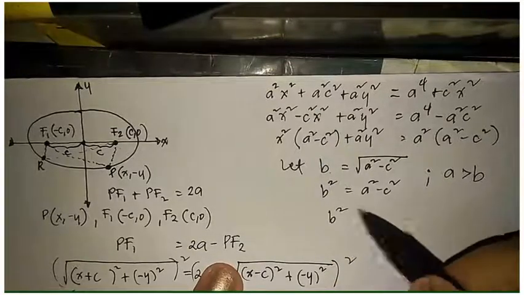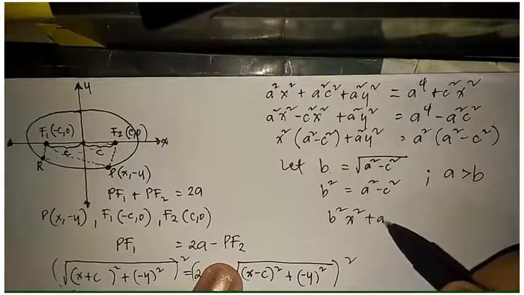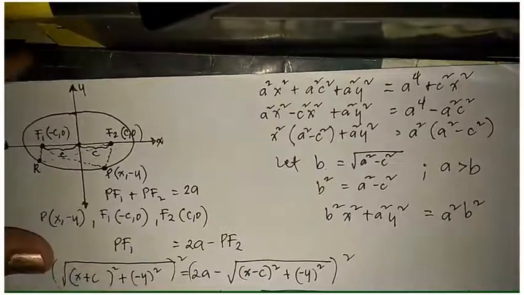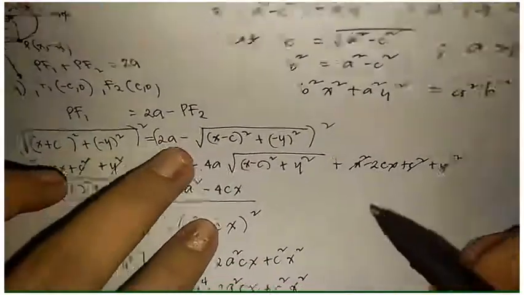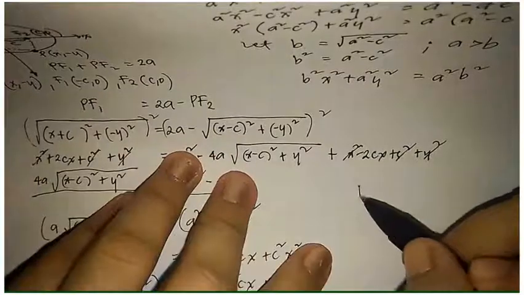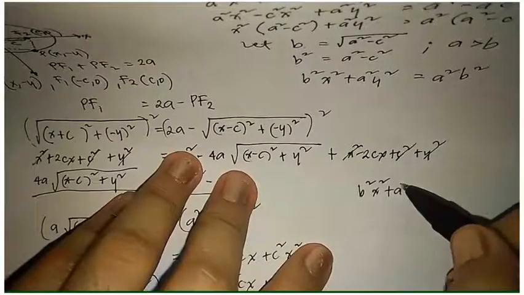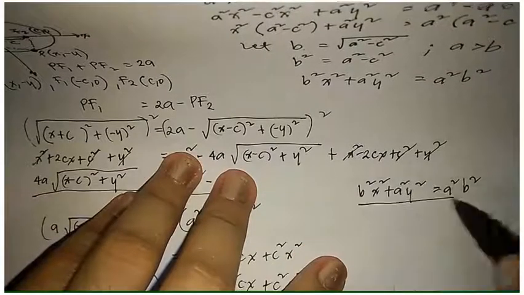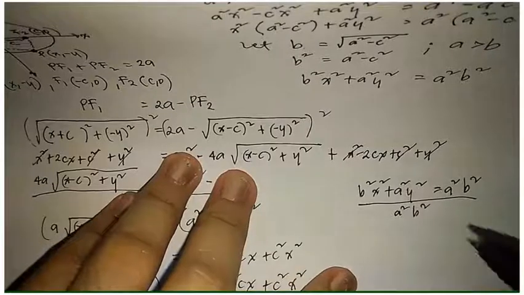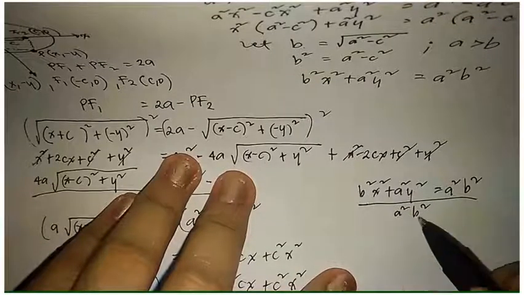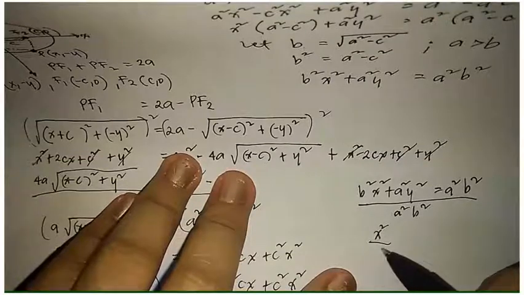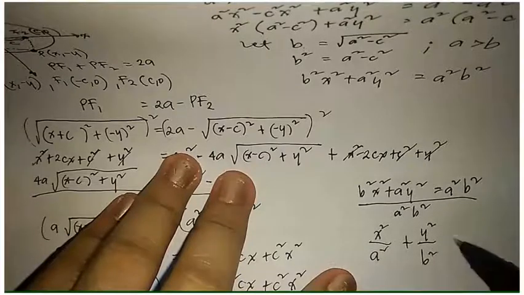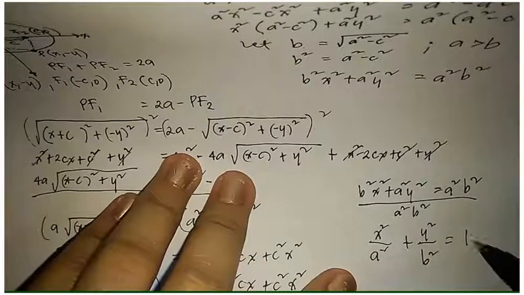b squared x squared plus a squared y squared equal to a squared b squared. Okay, and going further, if we divide both sides by a squared b squared, we would have this one divided by a squared b squared is x squared over a squared, plus this divided by that, y squared over b squared, and this divided by that would be equal to 1.